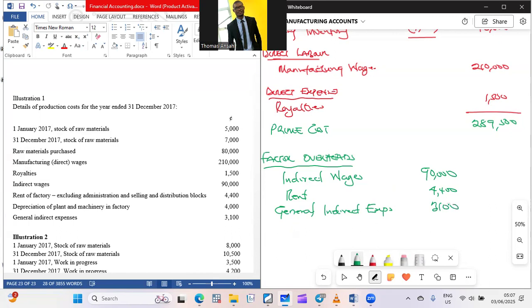3,100. But there's depreciation of plant and machinery in the factory. You remember what I told you? If it's for plant and machinery in the factory, that one will be indirect. But the depreciation of the administrative block is in the trading aspect. So please remember this. Depreciation of factory building is an overhead.